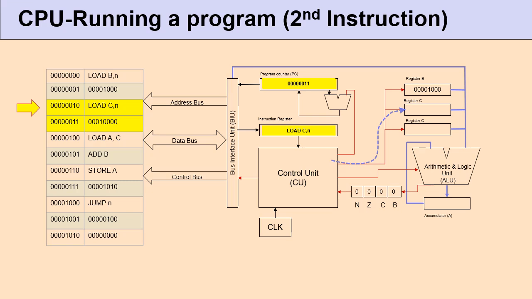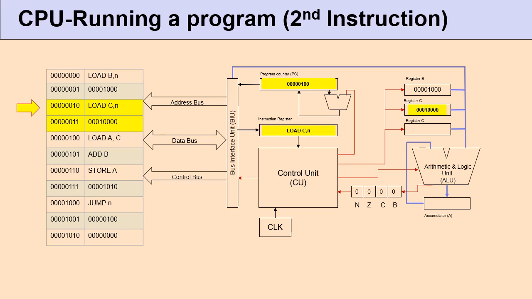So when the control unit activates the memory read cycle, the memory will put the content of the address 00011, or decimal equivalent 3, into the data bus, and register C will copy that value from the data bus into itself. And again, the program counter will be incremented by another 1, so that it now points to the next instruction at address 000100, or decimal 4.